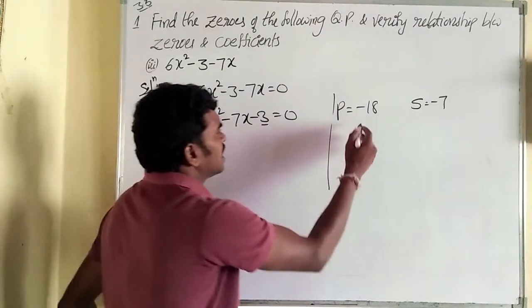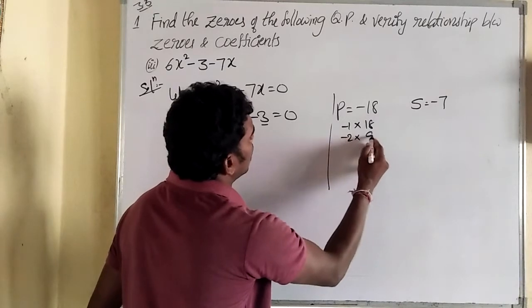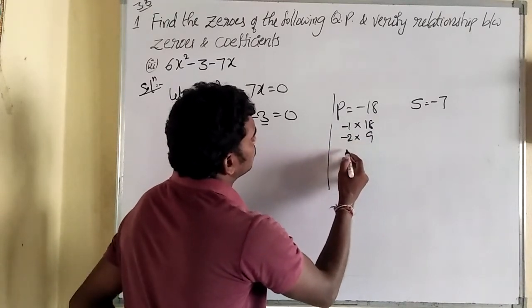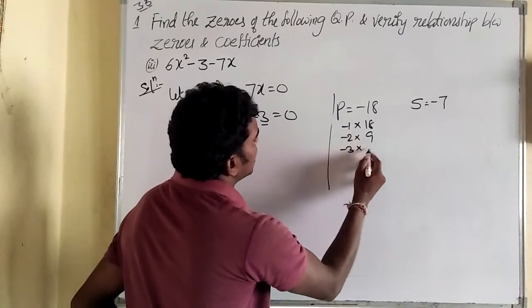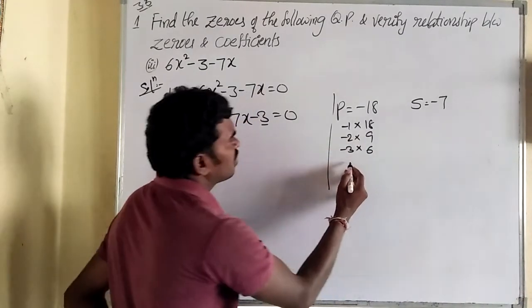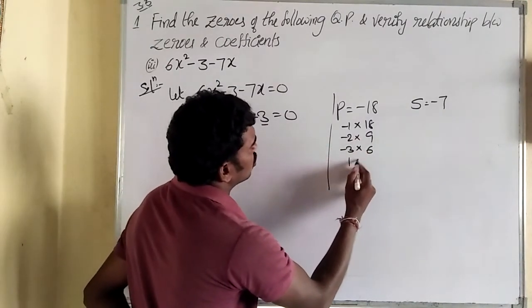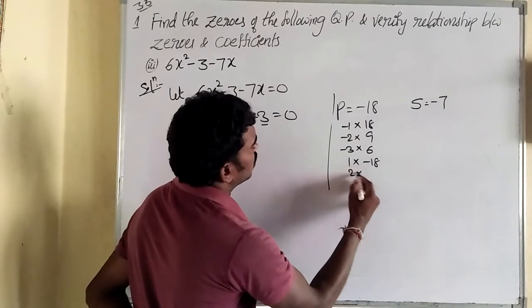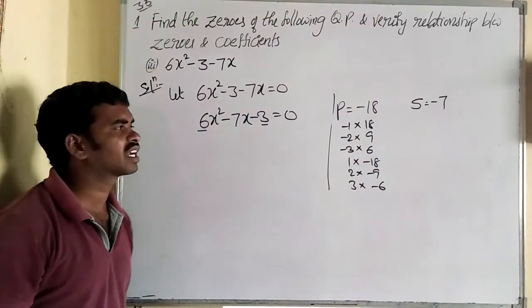Minus 18 comes as minus 1 into 18, minus 2 into 9, and in the 3 table, yes, minus 3 into 6, in the 4 table, no, 5, 6 table, yes, again the same terms. So 1 into minus 18, 2 into minus 9, 3 into minus 6. Only these factors we get.